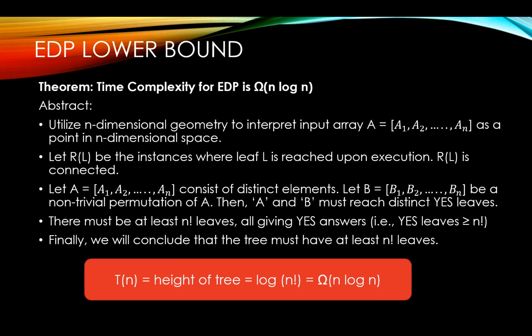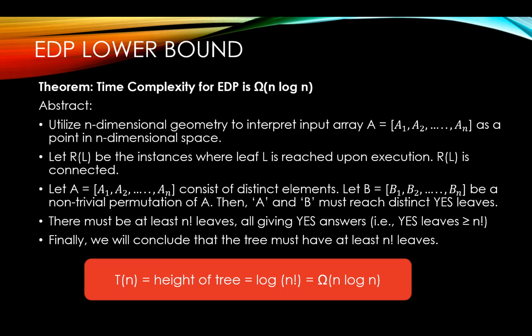What that means is that A1 will represent the first coordinate, A2 will represent the second coordinate, An will represent the nth coordinate, and the entire array A represents a point in an n-dimensional space. We are going to restrict the instances to the unit n-cube. We'll talk about this later on.